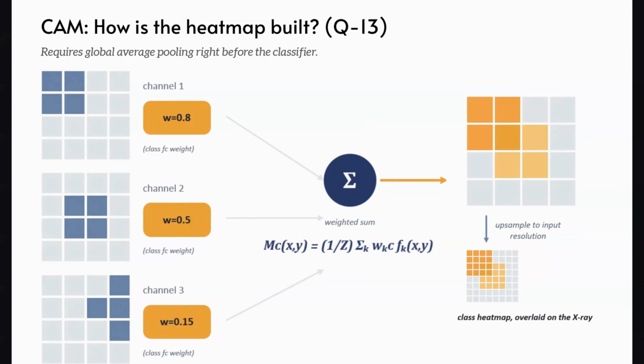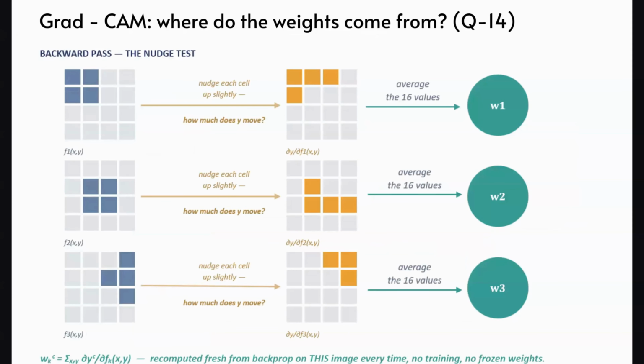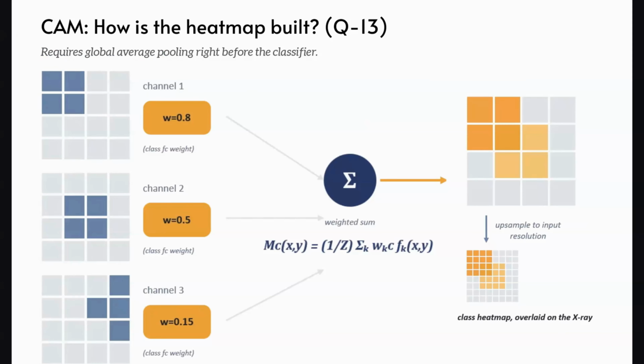Ideally CAM is for CNNs, but you need a gap layer, which not every CNN has. You need to make sure there is only one fully connected output layer after the gap layer to get the weights. Hence this is the architecture limitation with CAM, and hence there is Grad-CAM.